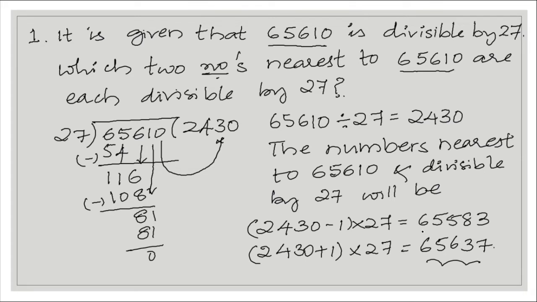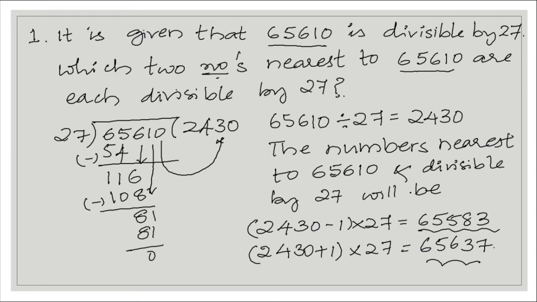If you observe properly, what I have simply done is I have added 27 to the given number. 65610 plus 27 will be 65637. If you subtract 27 from here, I will be getting the previous number, which is 65583. So by subtracting 1 and by adding 1 to the quotient and multiplying with 27, we get the same result.